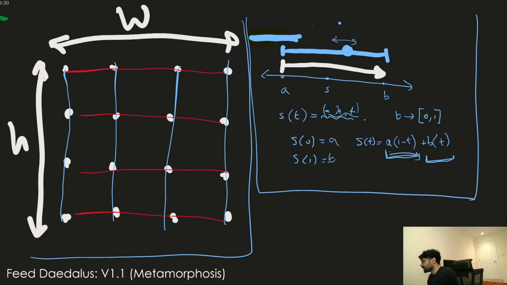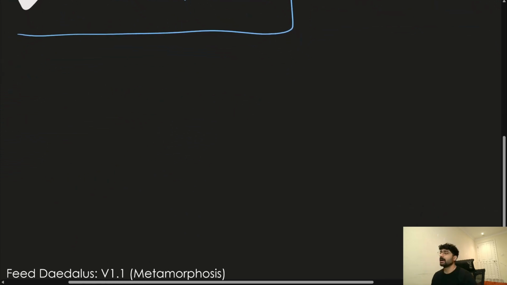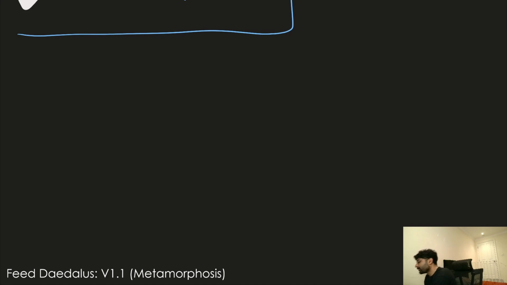I think the next thing worth talking about is how do we actually distort the points? So to distort the points, let's just take one point and say that it has coordinates x and y.